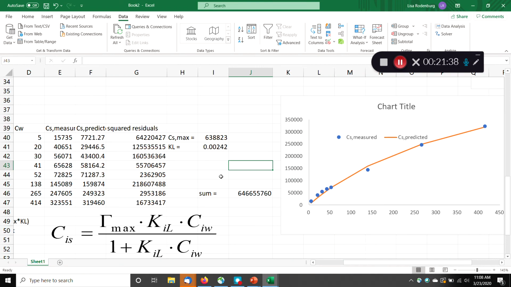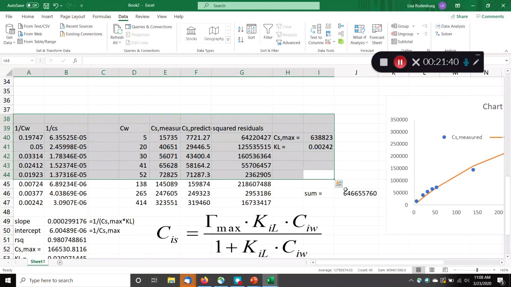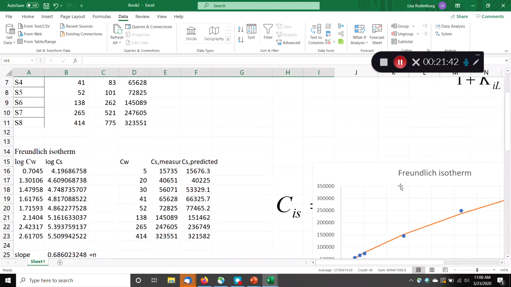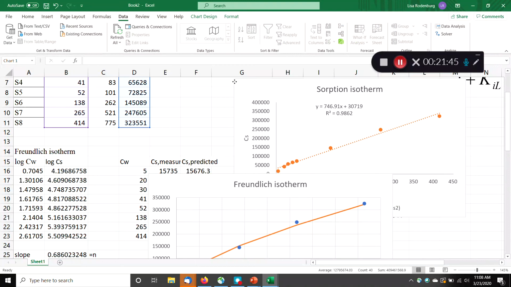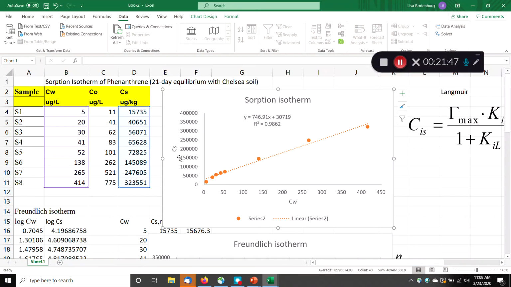But why does this happen? Well, if we go back to our original isotherm, here it is. If we truly thought that this was a Langmuir isotherm, remember L for Langmuir, L has an L shape like that. So if you truly think this is a Langmuir isotherm, you need to continue these concentrations out until they level off. Because when you do the linearization, you take 1 over this concentration, so 1 over a really high concentration becomes something really small over here.